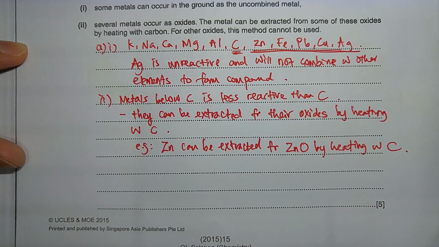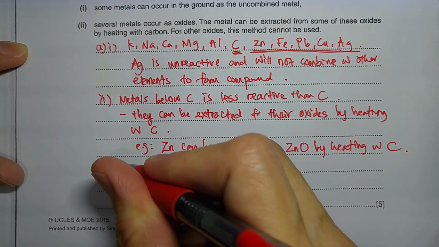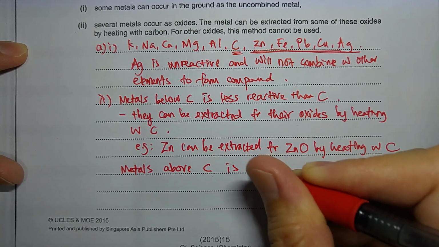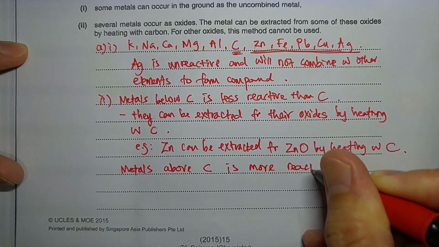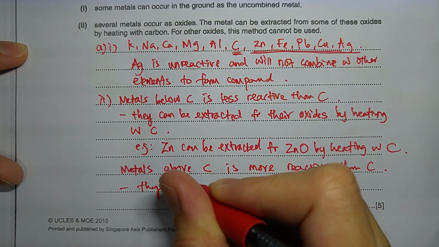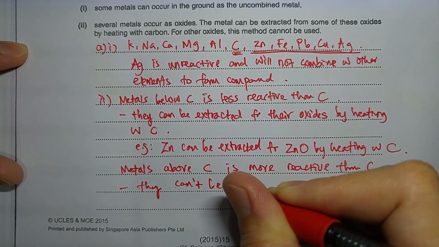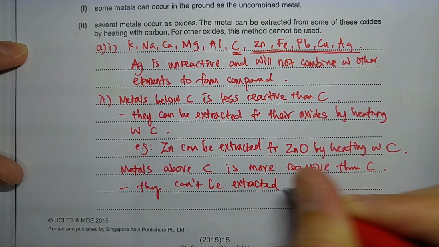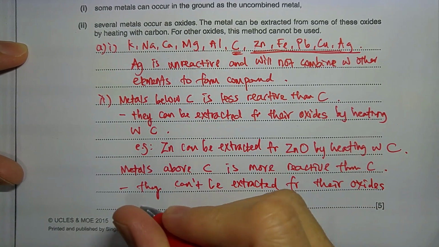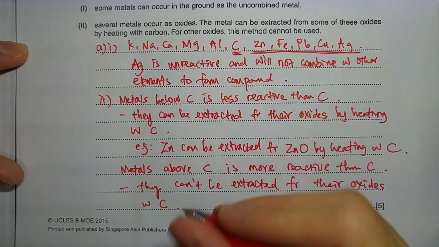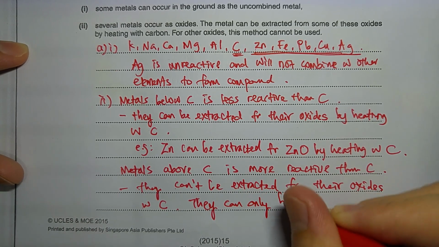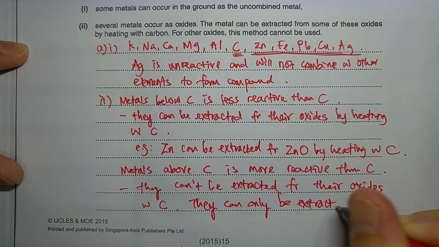This method cannot be used. So you can say metals above carbon is more reactive than carbon. So which means that they can't be extracted from their oxides with carbon, which means that they can only be extracted using what method?